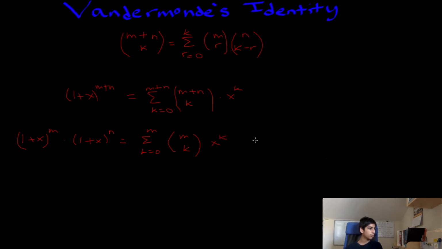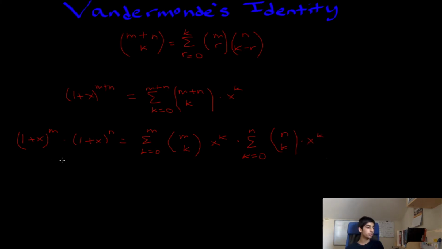And then for the 1 plus x to the n, we would have the summation from k equals 0 to n of n choose k times x to the k.